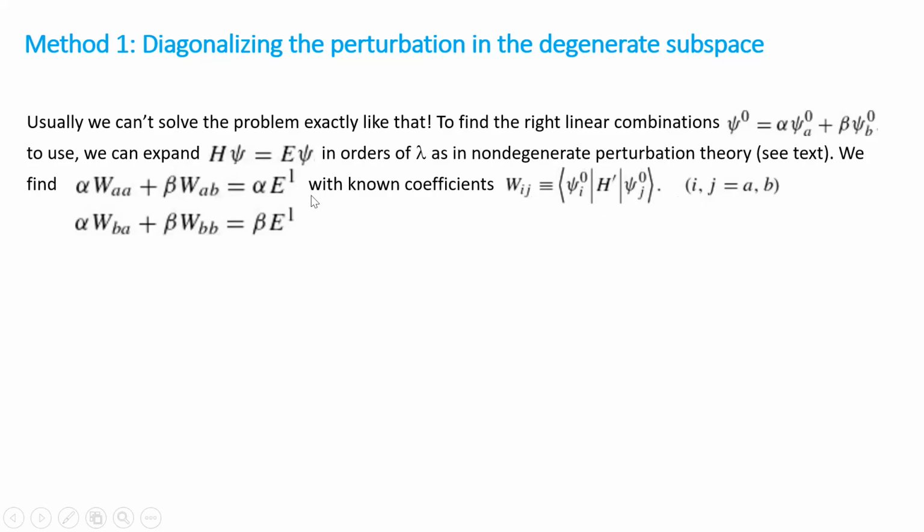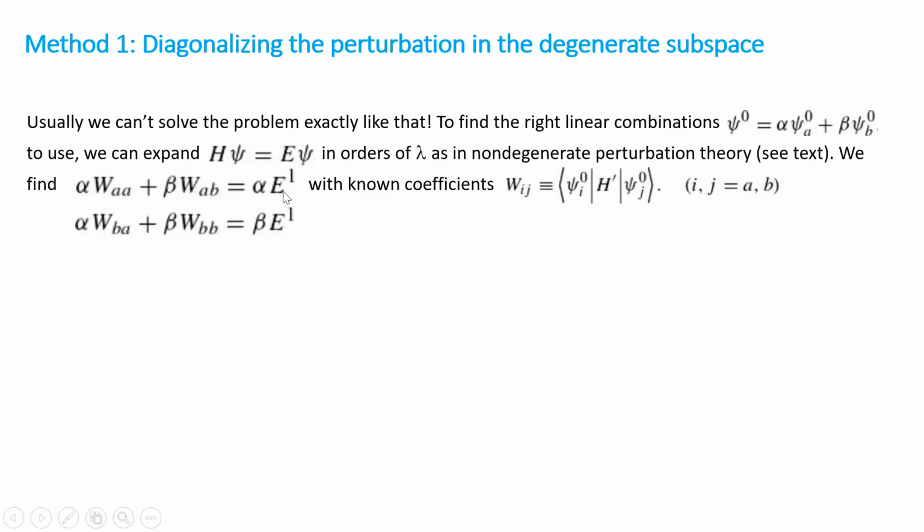So for WAA, we would have an integral to do with psi A0, the perturbation H prime, psi A0 on the other side. To get each of these coefficients, WAA, WAB, WBA, WBB, we would have to do 4 integrals, which is doable, but sometimes these integrals are a little bit challenging. But it's often doable.